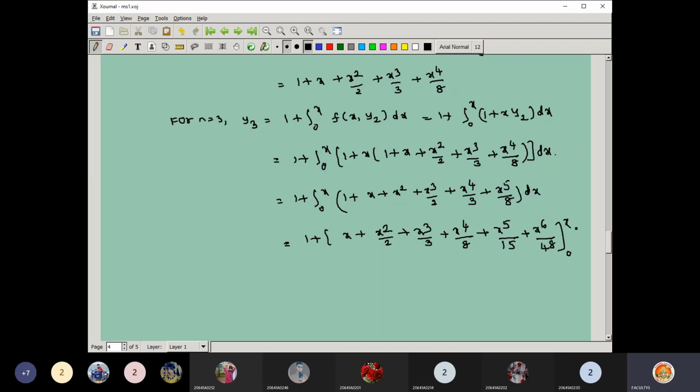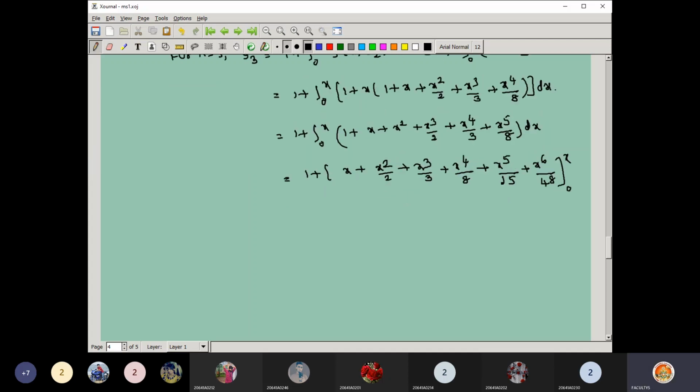Limits 0 to x. So when I substitute the limits, 1 plus x square by 2 plus x cube by 3 plus x to the power of 4 by 8 plus x to the power of 5 by 15 plus x to the power of 6 by 48. So that is your third approximate root.